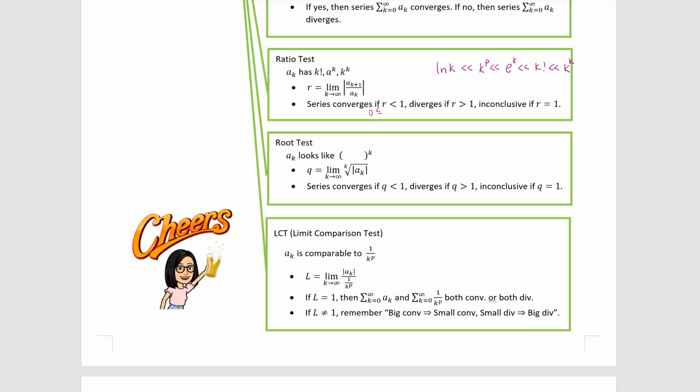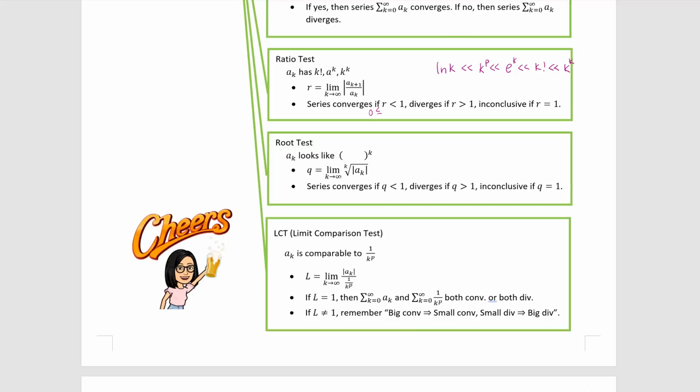Usually, if you get the p-series by looking at the dominant terms of the numerator and denominator of your a sub k, then this limit should be 1. Don't forget you might have some coefficient in front of it.